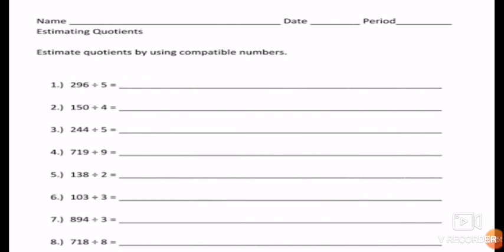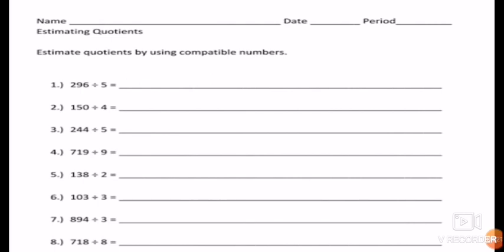Now move to the fourth question, that is 719 divided by 9. In this 719, on the 100 place we have, yes correct, 7, and on the tens place we have 1. Yes, 1 is less than 5, so we will not add anything on the 100 place.